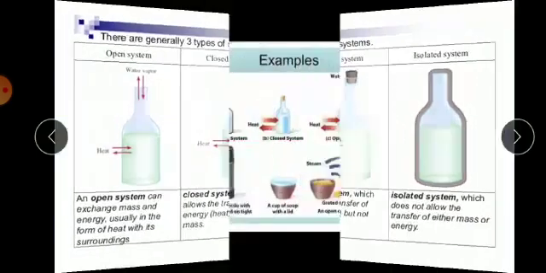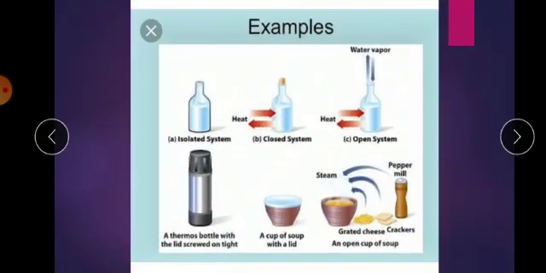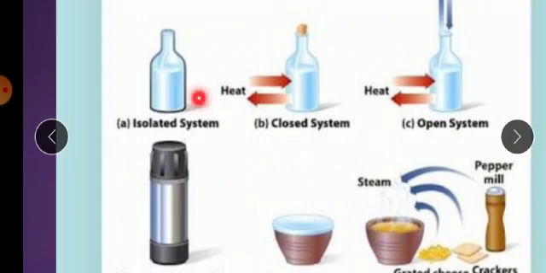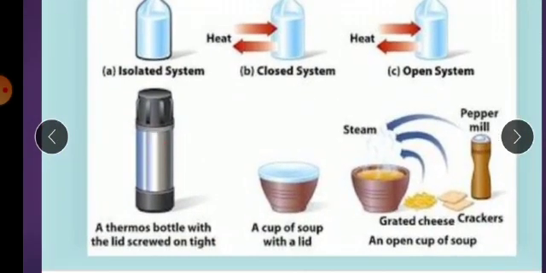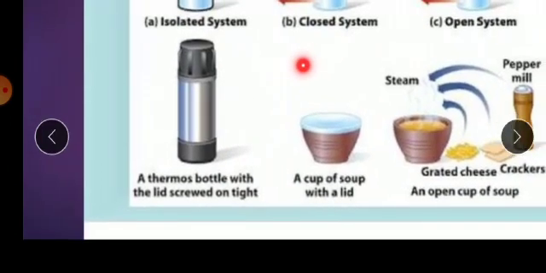We can see a few examples for the isolated system. We can see a thermos flask that we use in day-to-day life. Whatever we pour inside, whether it is hot or cold, stays as it is. That means it is an isolated system, because matter as well as energy cannot be exchanged with the surroundings.